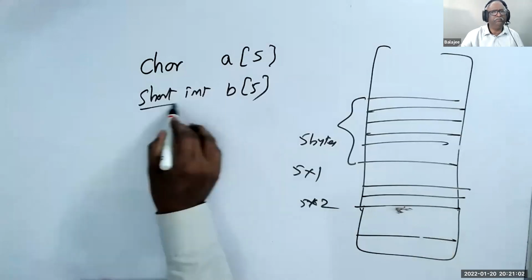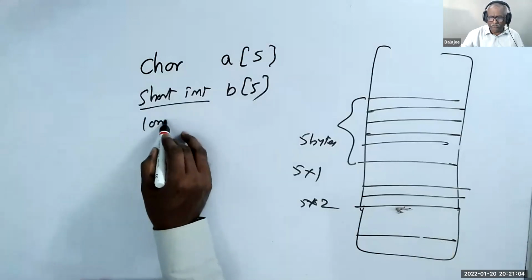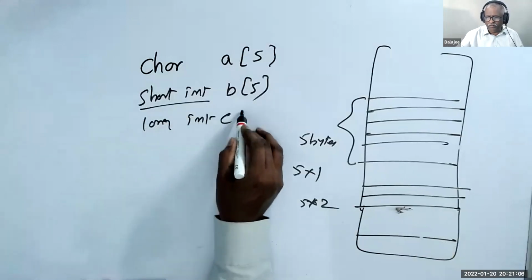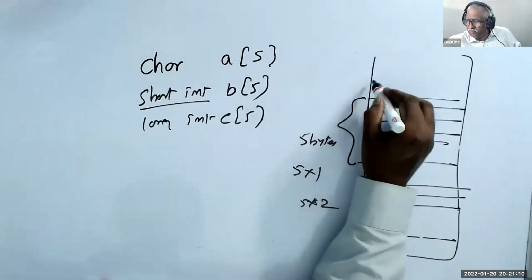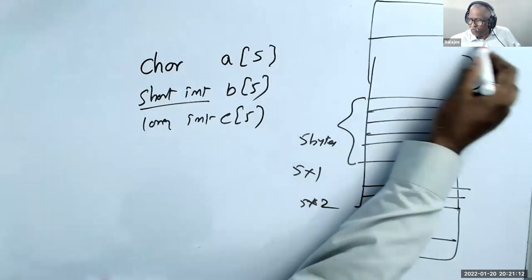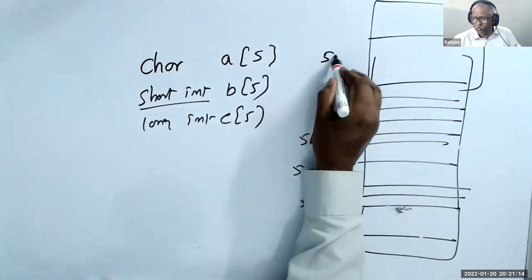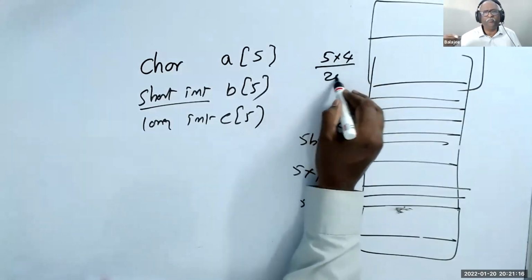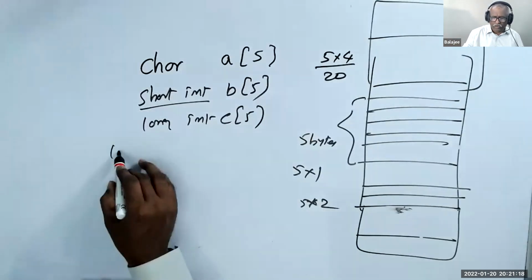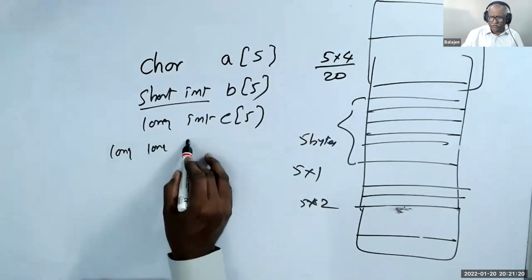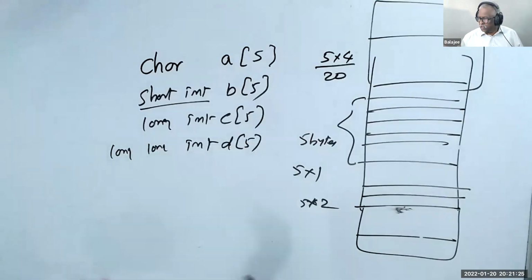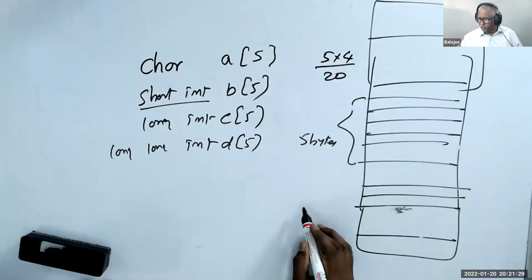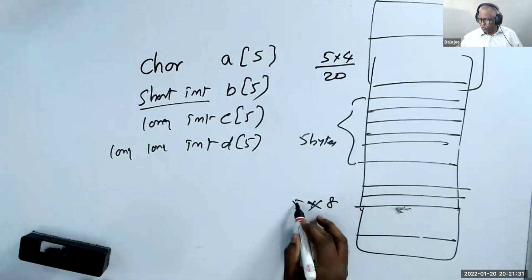A long int C of 5, then we allocate 5 into 4, 20 bytes. If we say long int D of 5, we may allocate 5 into 8, 40 bytes.